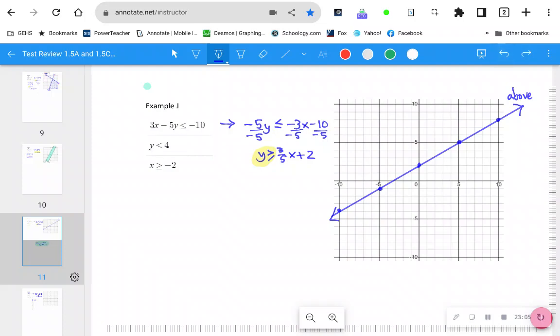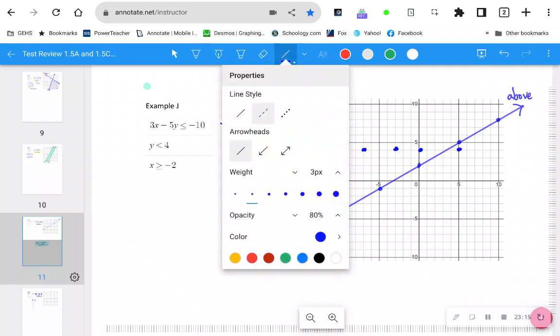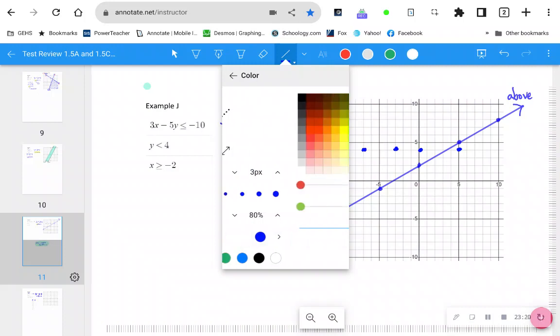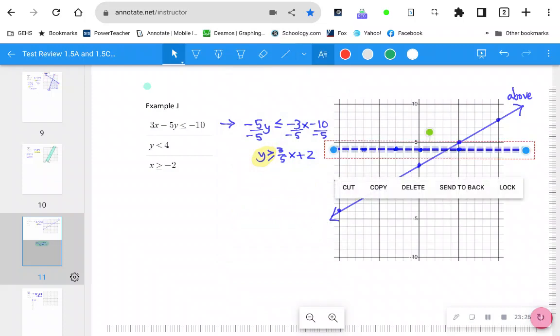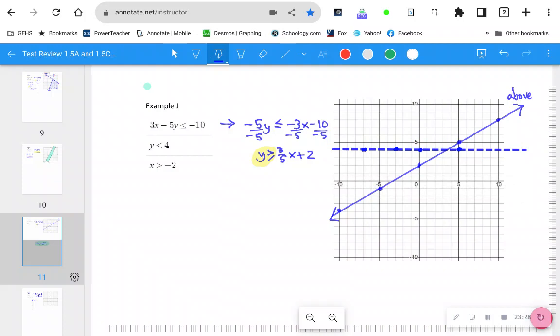So I'm going to go up 4 spaces, and I'm going to find a bunch of points that are 4 up. And quickly you see the pattern here. It's going to be a horizontal line up there, 4 up. Let me pick the right color here. And let's go. All right, so I'm going to draw that horizontal line up there. And I'm supposed to be below that line. y is less than will make me below that line.